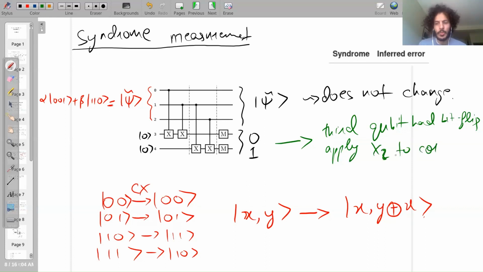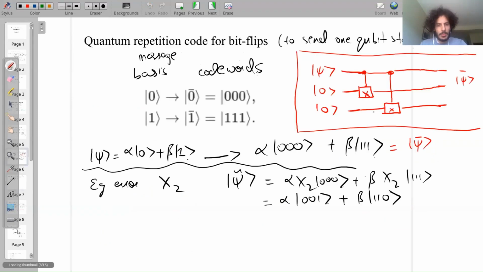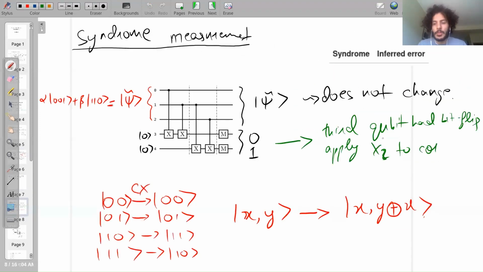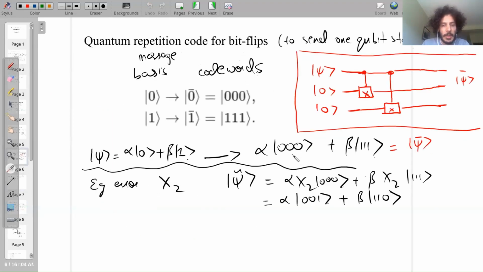Sorry, x2. Yeah, so I did not make a mistake. So x2 to correct. So what I can just do is apply an x2 gate over here, and that will return the state back to the original state, which is what Alice meant to send, which is alpha 0, 0 plus beta 1, 1.